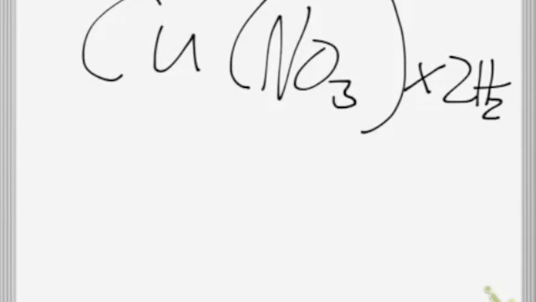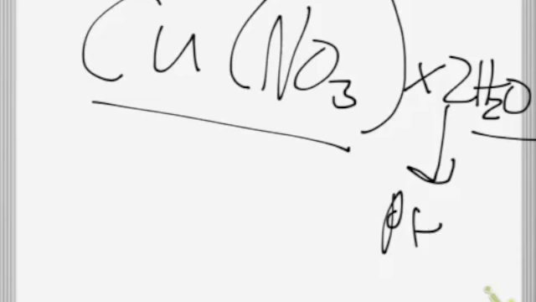Okay, so if you have 2 waters, then it's dihydrate. And let's say you have 5 waters, it's pentahydrate. So there's a list of what you add as the prefix for the hydrate. So you have your ionic compound, and then you have your hydrate, and then you have right here the prefix.